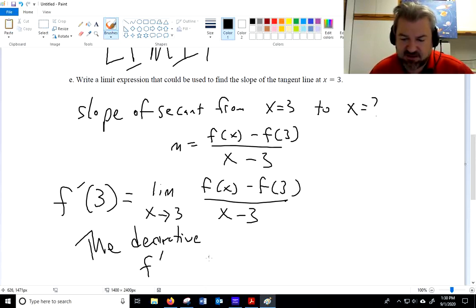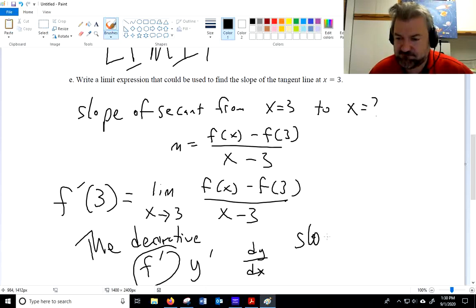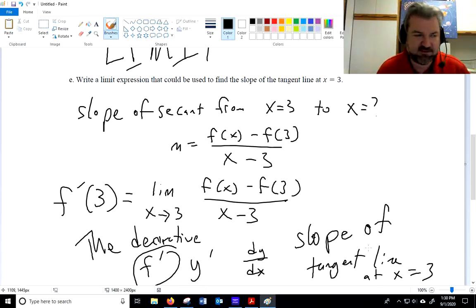The derivative is written f prime. If it's y equals, we can say y prime. It's also written dy dx. That's change in y over change in x. Lots of different ways, but we're going to stick with this way for a while. And it means the slope of the tangent line at x equals 3. That's what it means.